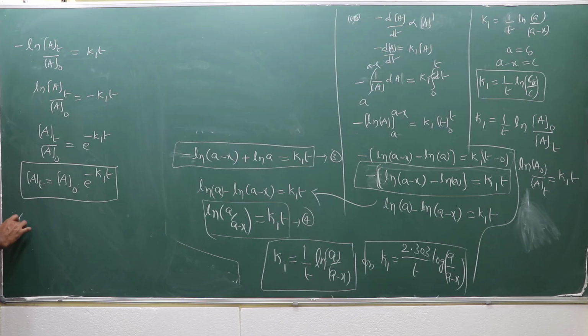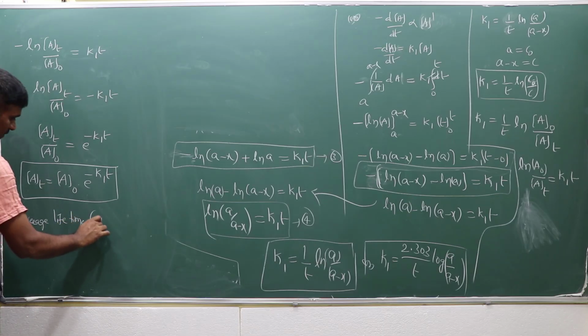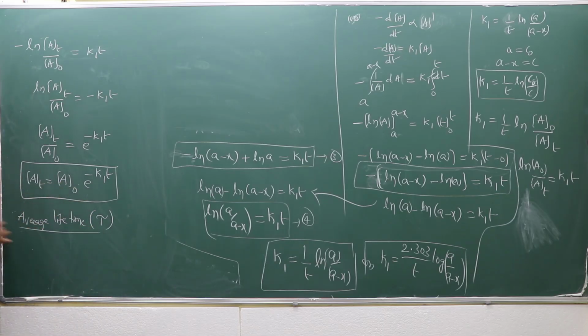If the average lifetime is tau, the average lifetime tau is equal to 1 by the rate constant, or this can be written as K inverse, or 1 by K. This is the average lifetime.